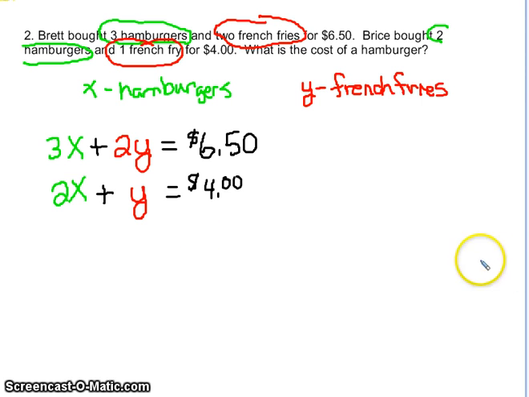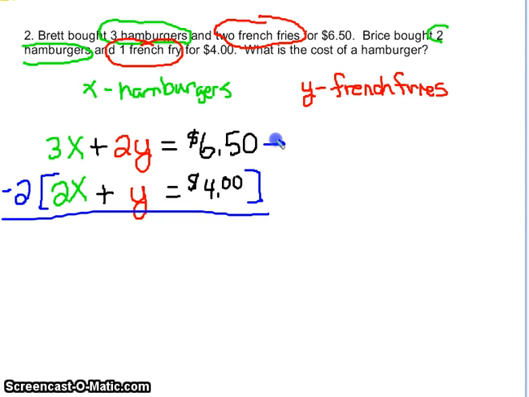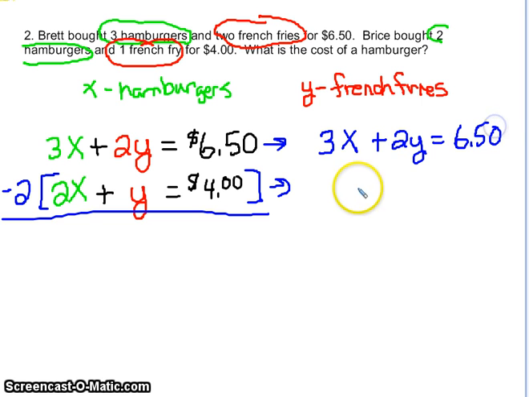So what my students said in my e-block is that they wanted to multiply this by -2. If we multiply the second equation by -2, my y's are going to cancel. So I have 3x plus 2y equals 650.